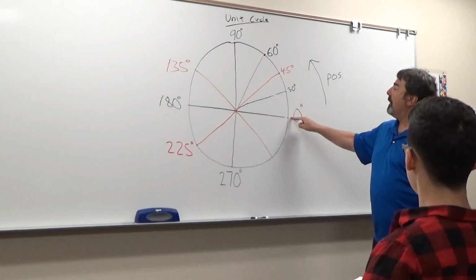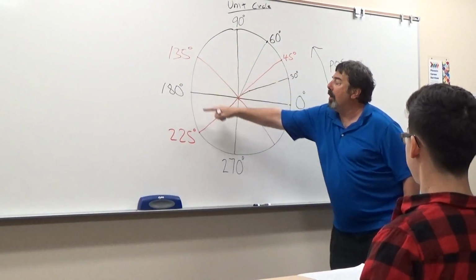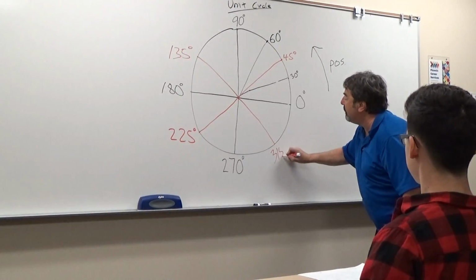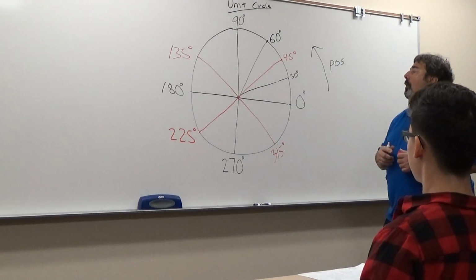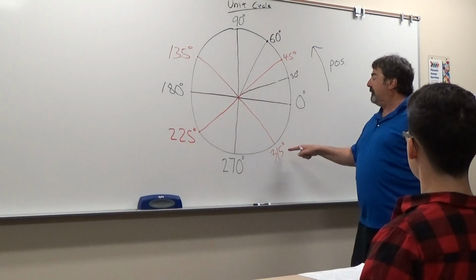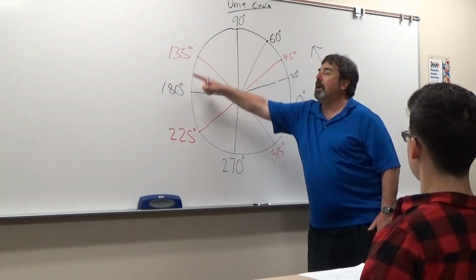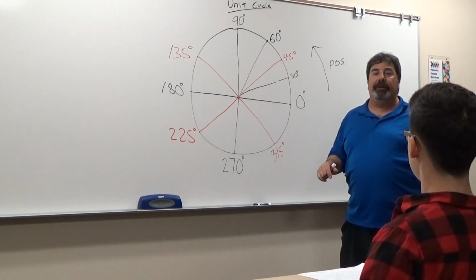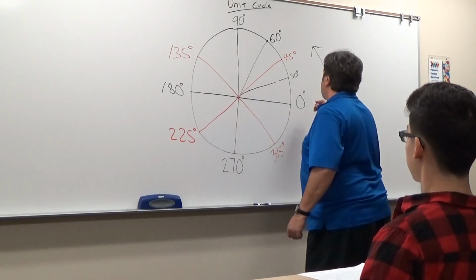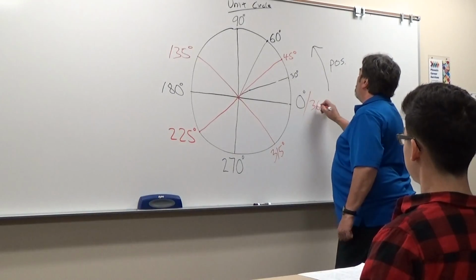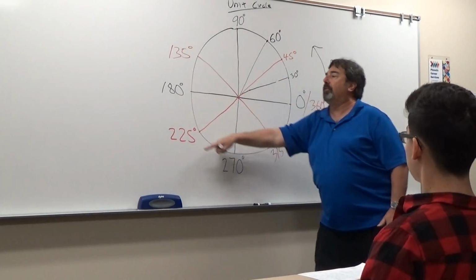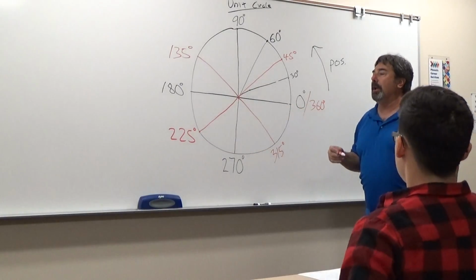So that means if I start here I have an angle of 315 degrees, right? Now, if I add 45 degrees to that, that takes me to 360. And that brings me right back to the beginning, to the start, to 0 degrees. So all the way around the unit circle will be 360 degrees, okay?